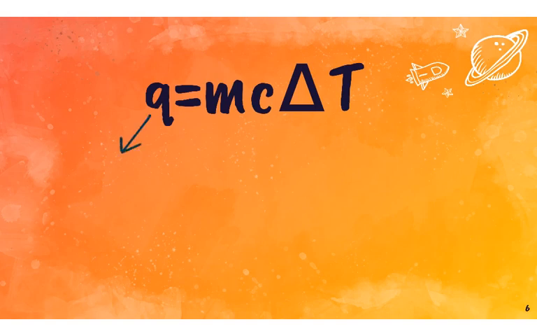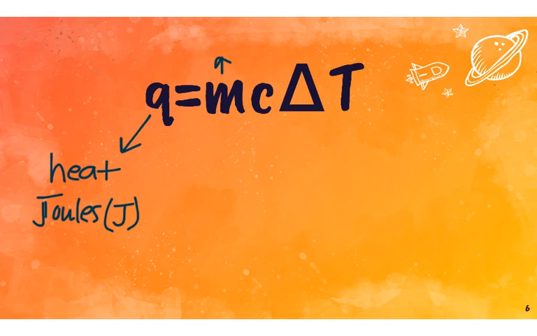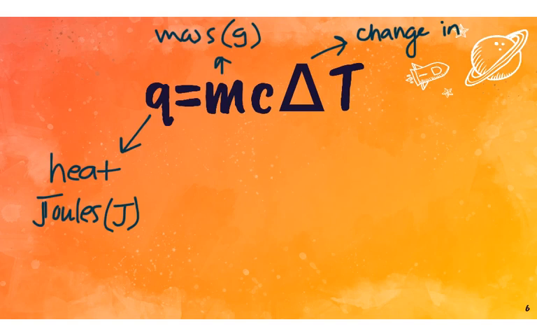So remember, Q is heat measured in joules. Okay, M is mass, and it's going to be measured in grams. Then change in temperature, and that's going to be in degrees Celsius.